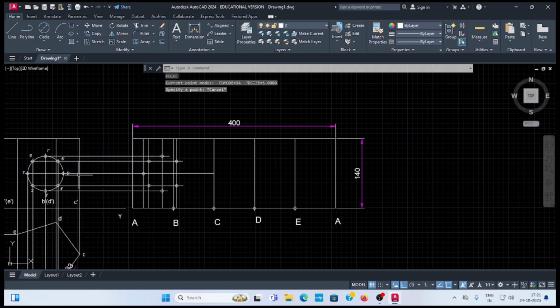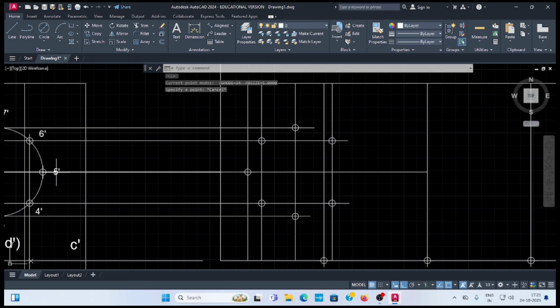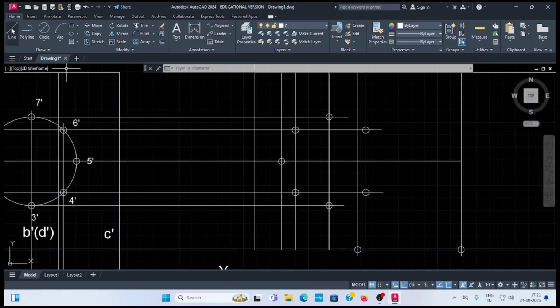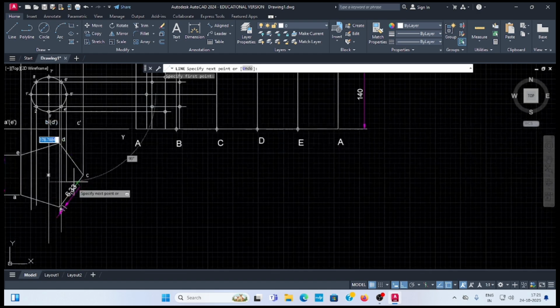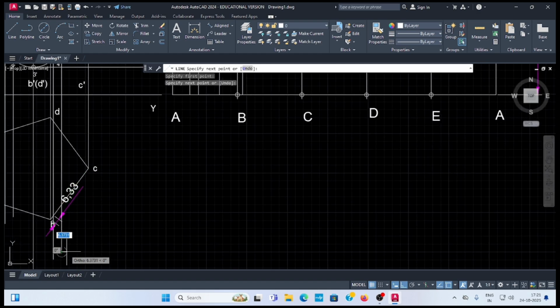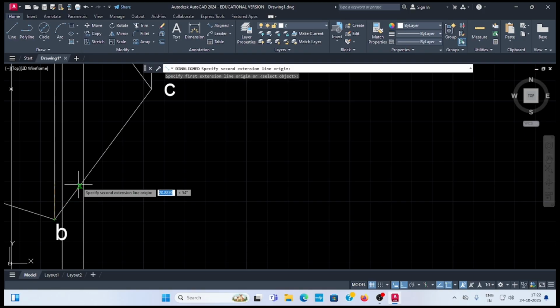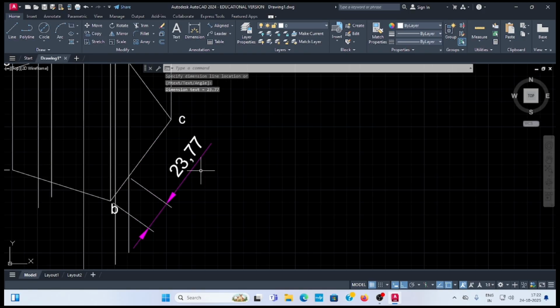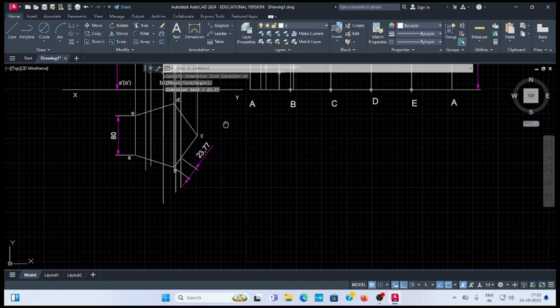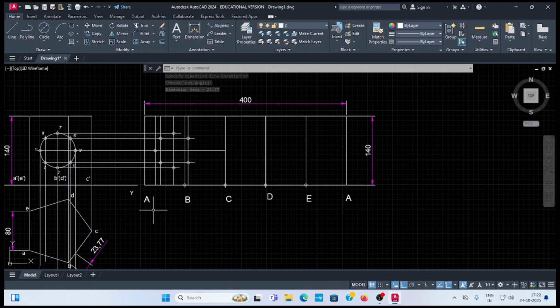Okay. Next, finally 5 dash. This point we need from 5 dash downwards. Draw one line. This I delete. Go to aligned dimension from B corner to this distance, 23.77, right side.